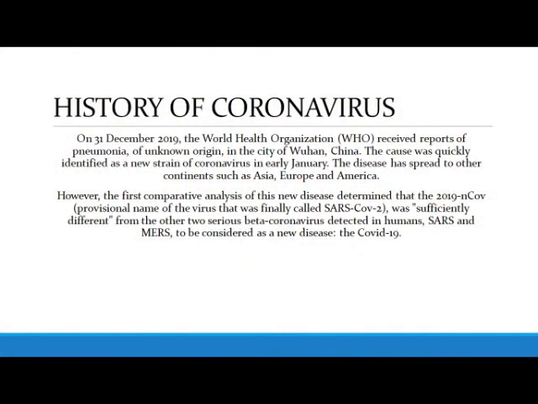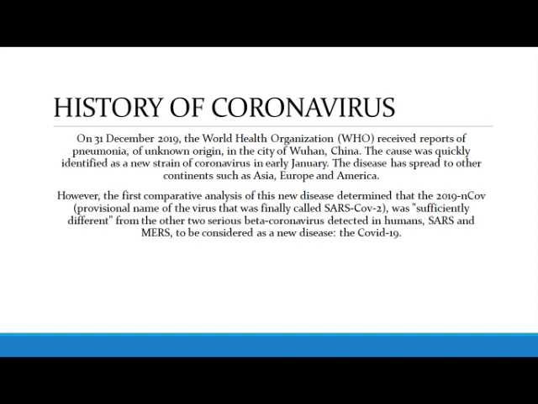Okay, but what is the story of coronavirus? In December of 2019, the World Health Organization received reports of pneumonia of unknown origin in the city of Wuhan, China. The cause was quickly identified as a new strain of coronavirus in early January.